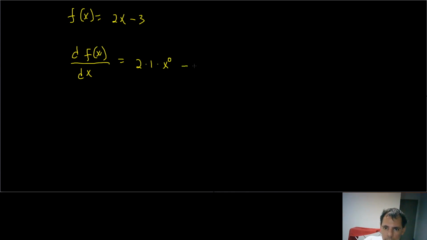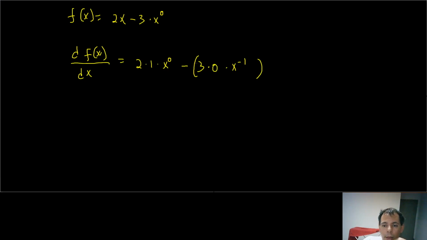Minus 3 is the same thing as minus 3 times x to the 0. Okay. So you have minus 3, I'm just going to put this stuff in parentheses here, times the coefficient, the power that's coming down, times 0, times x to the minus 1.